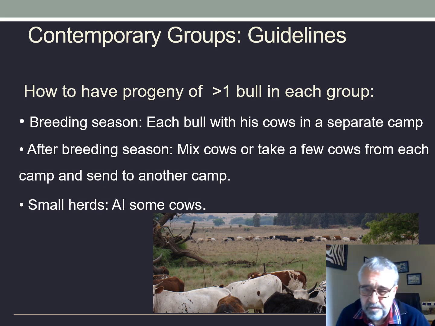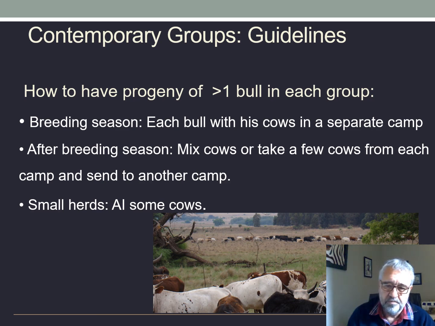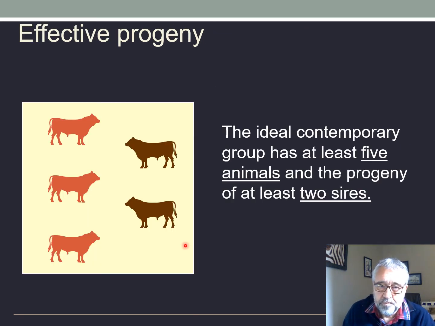And if you have smaller herds, try and artificially inseminate some of the cows, so that you bring in a second bull and compare the progeny of different bulls within contemporary groups. So the ideal would be a contemporary group of at least 5 animals that would be the progeny of at least 2 sires. So try and increase the size of your contemporary groups to be beyond 5 with progeny of more than 1 sire.